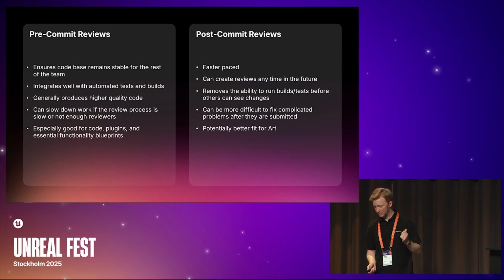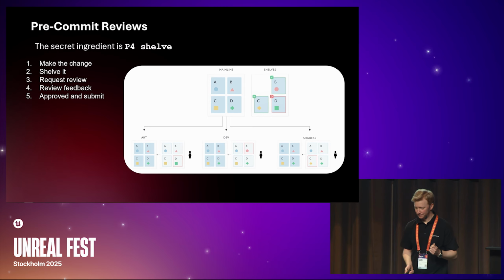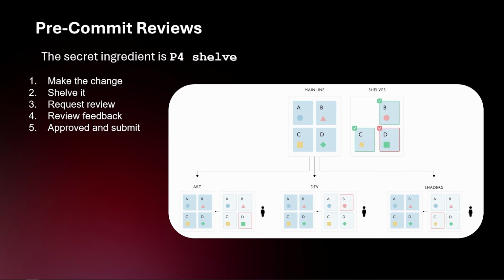And the pre-commit review model, for anyone who's new to Perforce, though most of you were using this already, depends on something called shelving. If anyone is wondering how we can have a central version control system with everyone sharing code and reviewing it without it actually impacting the central code, shelving works this way: when you create a shelf, we put it among our shelves.